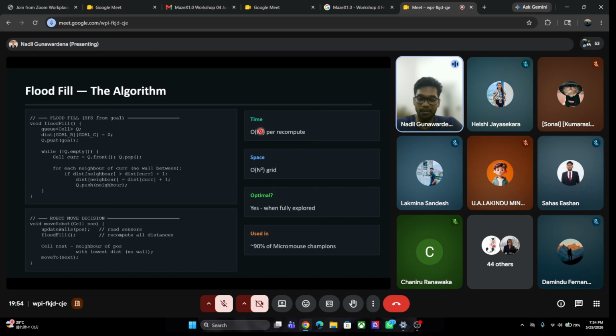So the flood fill algorithm needs more calculation time and calculation power. It takes time to recompute the flood fill algorithm in a microcontroller. That's why we use STM32 microcontrollers, which are way faster than Arduino Nano or Arduino Uno chips.